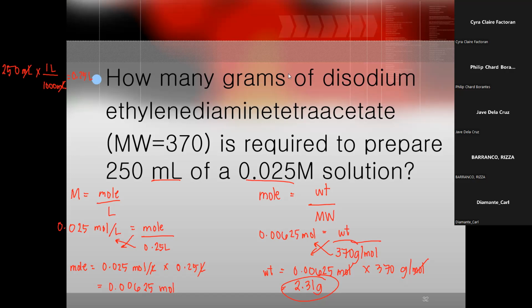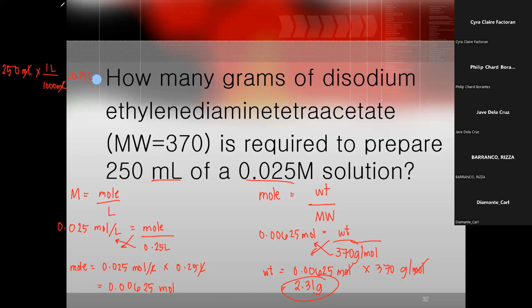Anyway, did I miss something in the problem? Mole, 0.025 times 0.25 times 370.